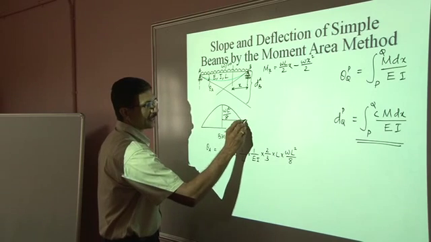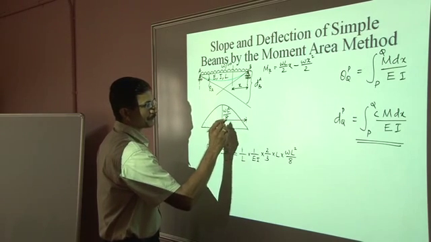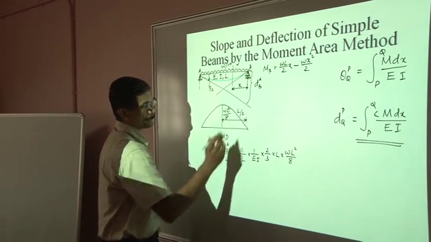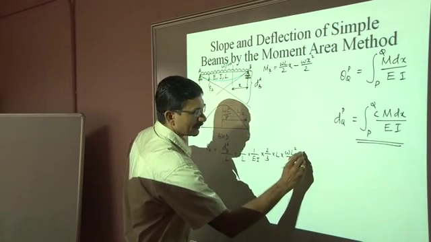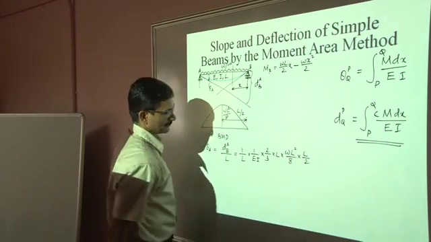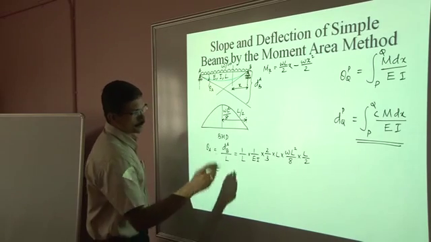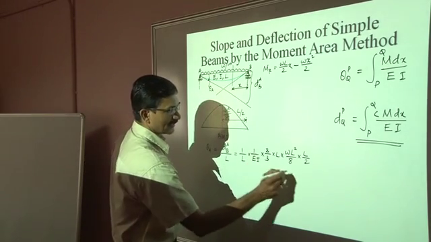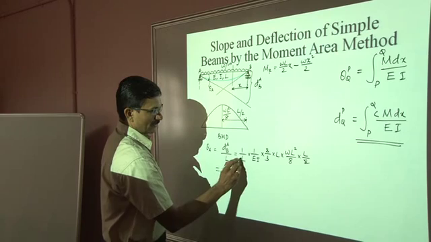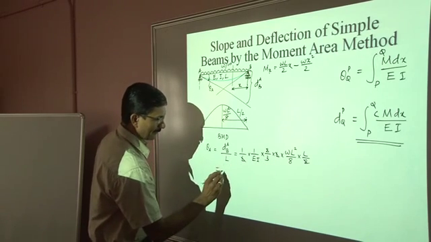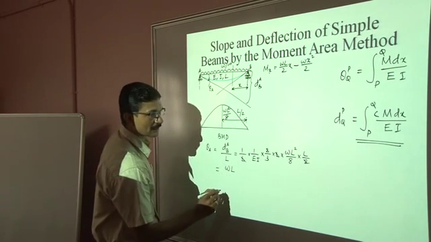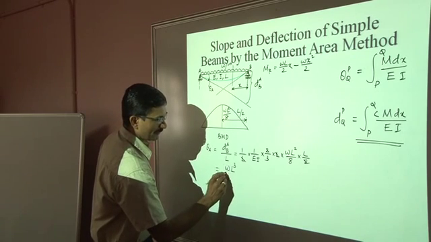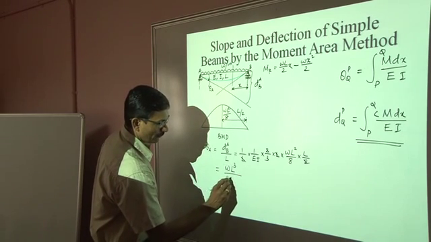So distance to the right end will be equal to L by 2, multiply with L by 2 to get the moment. That reduces to, can cancel 1, 2. 1 L can be cancelled like this. So what remains is W L raised to 3 divided by 24 EI.